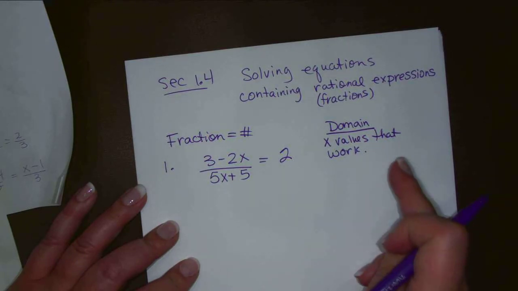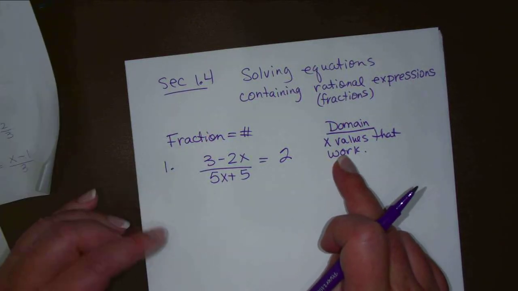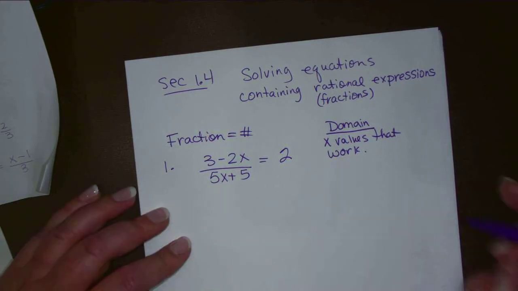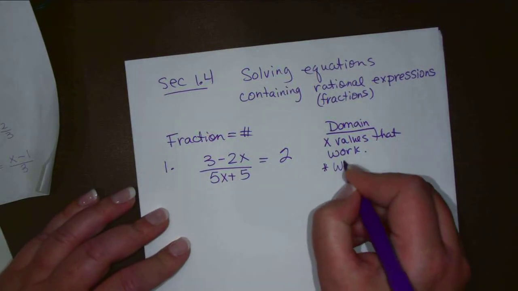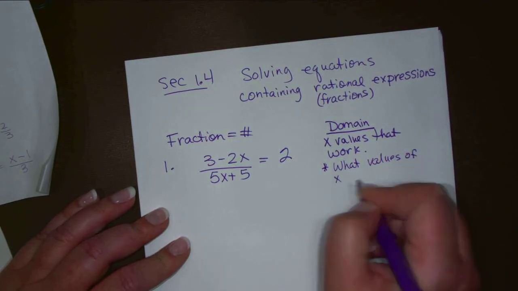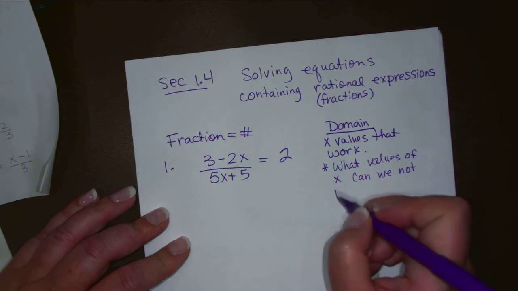So even though the technical definition of a domain says what x values work, you're really looking for what values don't work. So what values of x can we not plug in?